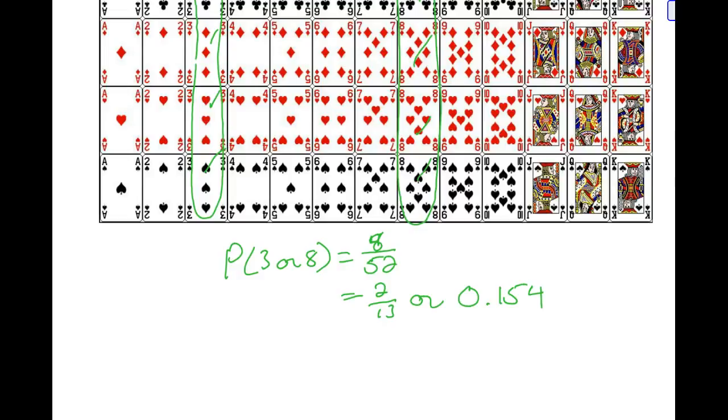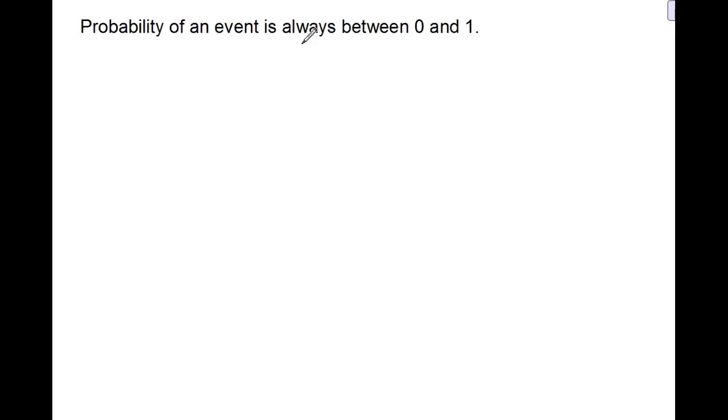Now, discussing probabilities. Probability must always be between 0 and 1. That means it can be equal to 0, or it can be equal to 1, but it has to be between 0 and 1. It cannot be negative, and it cannot be larger than 1.